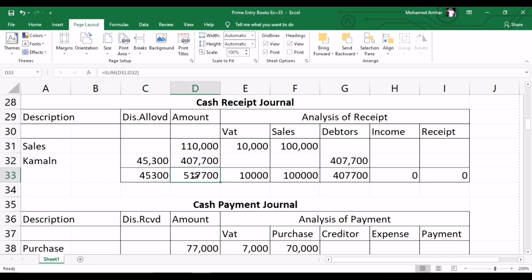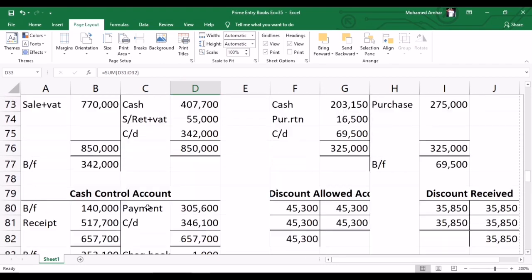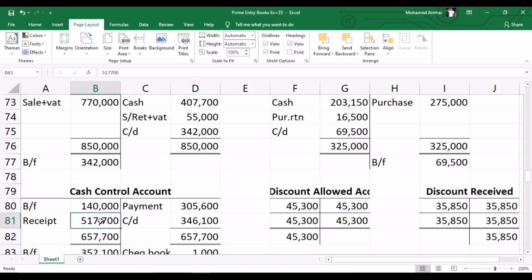And now 117,700 is debited to cash account. So the same amount should be credited to other ledgers. One debit is finished. Now the same amount we have to credit.